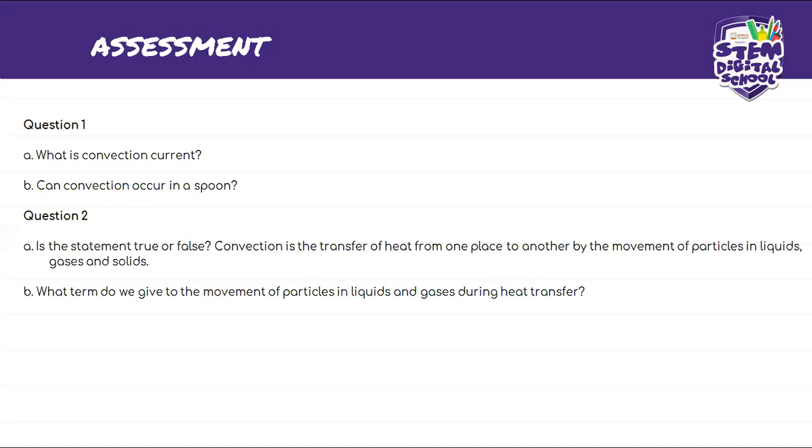Yeah, but we know that it can occur in liquids. Is the statement true or false? Convection is the transfer of heat from one place to another by the movement of particles in liquids, gases, and solids. What term do we give to the movement of particles in liquids and gases during heat transfer?